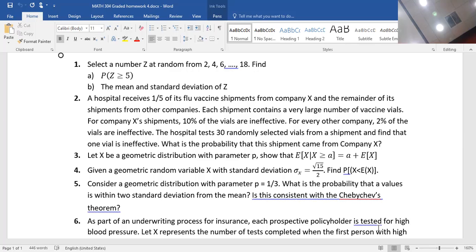Somebody should check again. I'm not sure he's right, but I just want you to check. I can check it simply like this. I say that P of x greater than or equal to A is this.